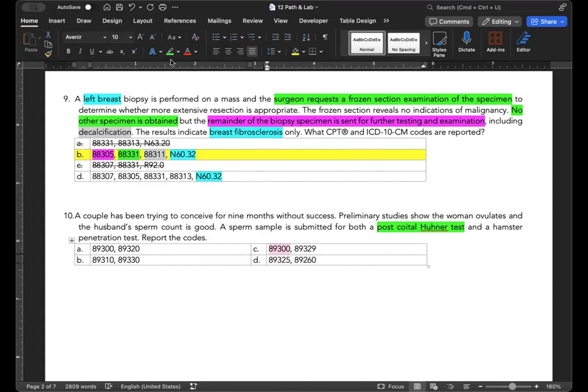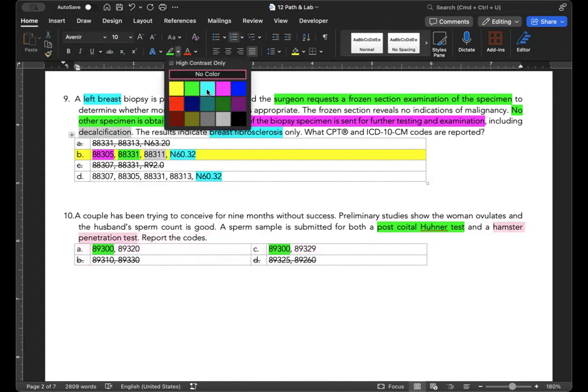So we know we need the 89300. Again, be careful because this is 89300, not 89330. And then do we need the 89320 or 89329? The 29 has the hamster penetration. Yep, for the hamster penetration it's going to be your 89329.